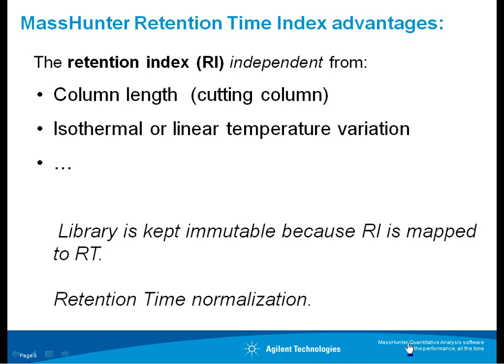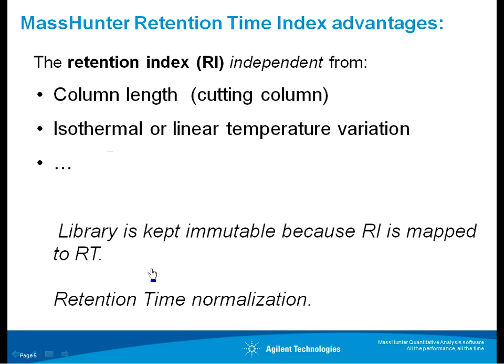The advantages of retention index are significant. Certainly, as just discussed, when the column length changes, as if you're cutting your GC column, the retention index is independent from that. And if you had to change for reasons of separation your isothermal or your linear temperature ramp, and you were varying that, also this enables an independence from that change if you're employing retention indices.